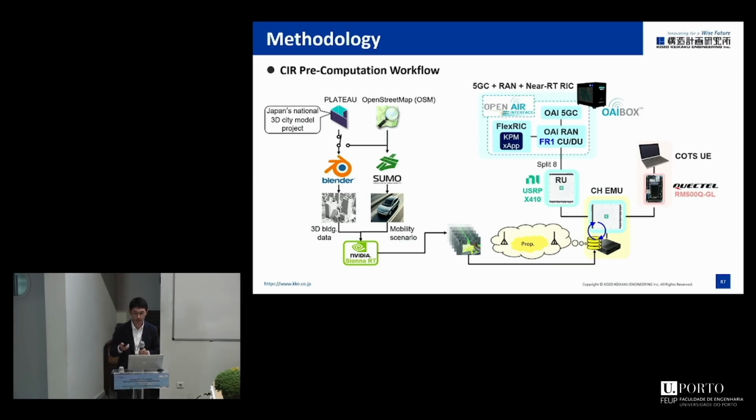And for vehicle mobility, we use SUMO. By combining 3D CAD data with mobility traces, we perform ray tracing at arbitrary time intervals and calculate CIRs. The key takeaway here is that all tools in this workflow are open source.